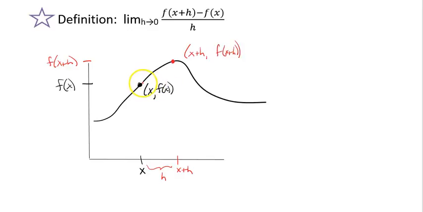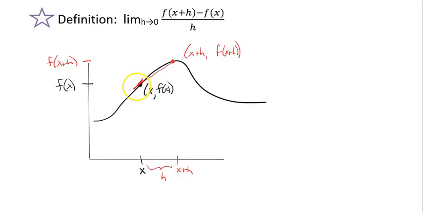And we are going to think about the slope of the line between them, because the slope of that line is very close to the slope of this tangent line. It's just a little bit less steep in this case, but it's close to it.